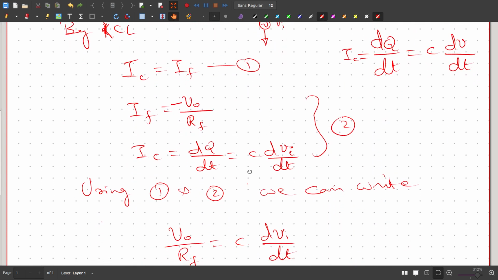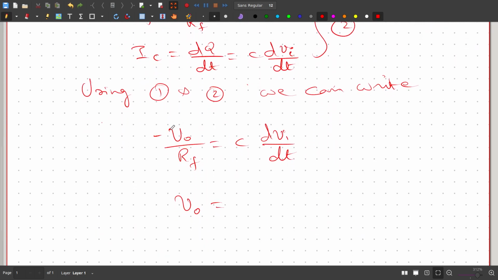Therefore it's minus here, so we have minus Ci, the input capacitance, times RF times dVi by dt. So our output voltage is the derivative of the input voltage, and this is the factor of amplification. So that's why this is called a differentiator.